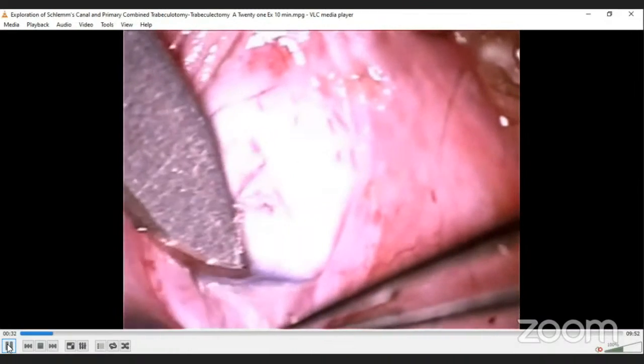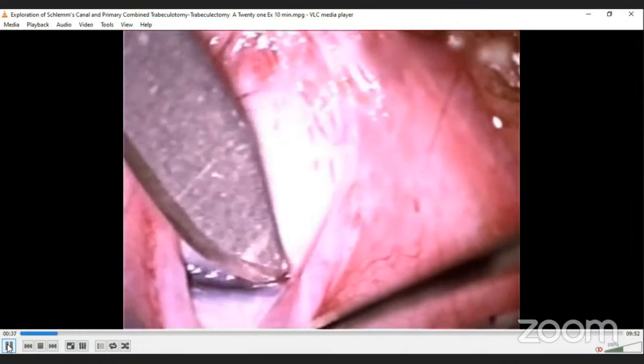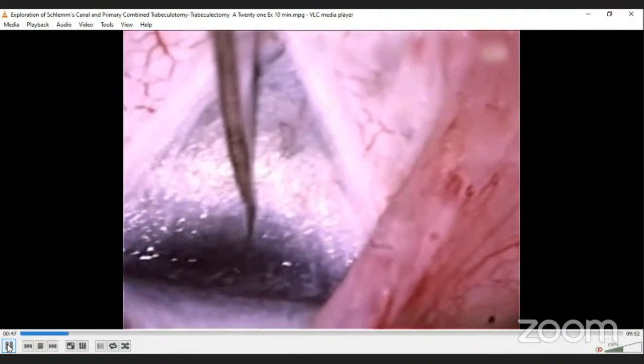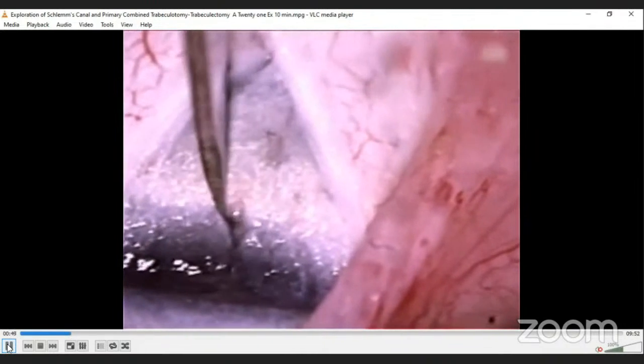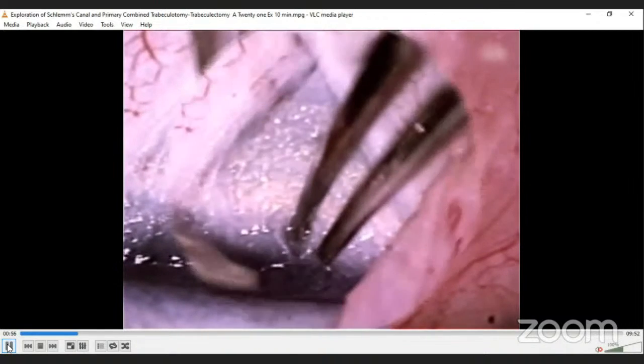Anatomy of the limbal region must be carefully identified before one can proceed to explore Schlemm's canal to do the trabeculotomy. You can see here a radial incision is given on the external aspect of the scleral spur to cut open the superficial wall of Schlemm's canal.